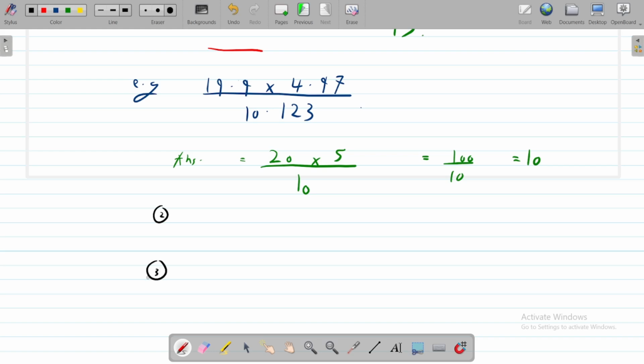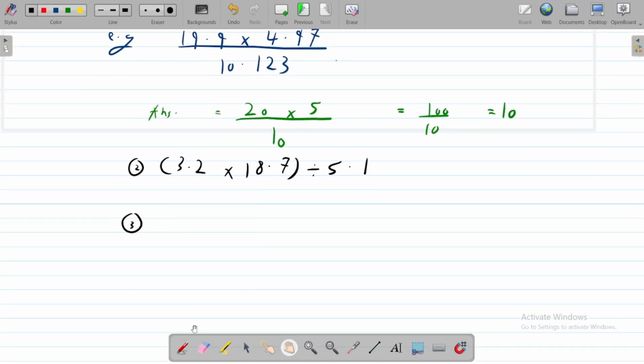Question 2 and 3: 3.2 times 18.7 divided by 5.1. Do that one, and the other one will be the square root of 48.6 times 3.1. Do these two, then tell me.